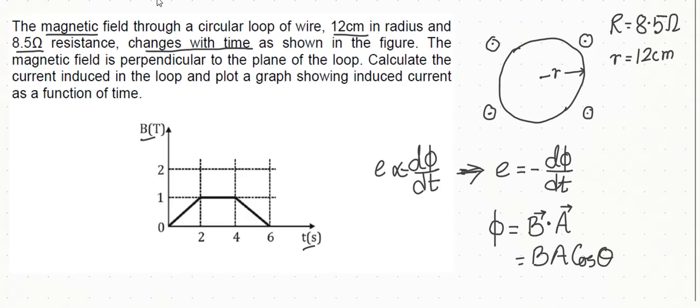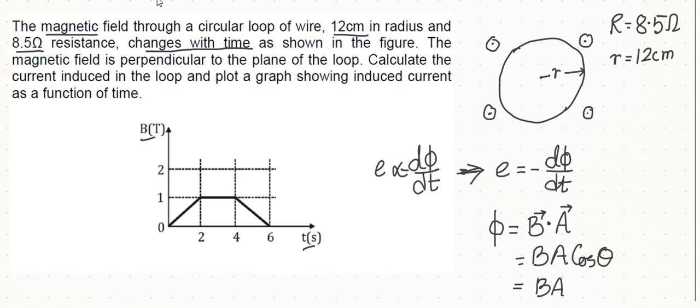The area vector is always perpendicular to the loop, and since here we have considered that the magnetic field is also perpendicular to the loop, in that particular case, the angle between them is 0 degree. Since cos theta is cos 0 degree, it is BA.